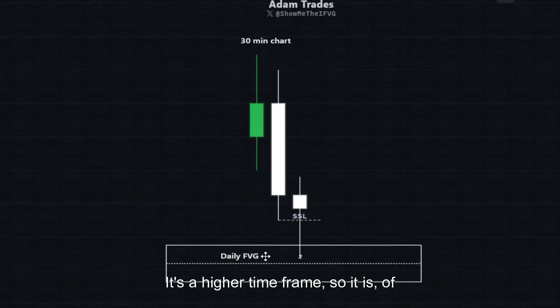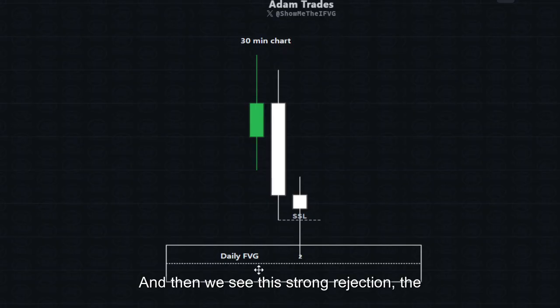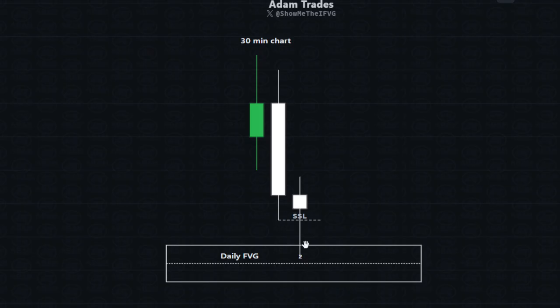It's a higher time frame, so it is of course more important than the fair value gaps on the active 30-minute chart. And then we see this strong rejection. The 50% holds easily. And then you get this big rejection up. Yes, that now becomes, not only did we sweep the previous candle, but the sweep happened at a relevant spot.